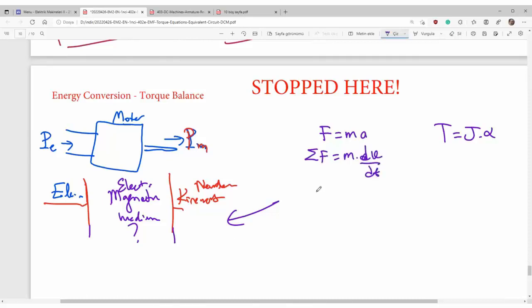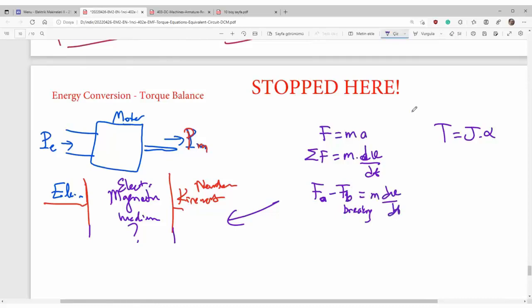Total F means affecting minus reacting, or braking. Let's say braking force. Affecting and braking, or action reaction, is equal to m dV over dt.